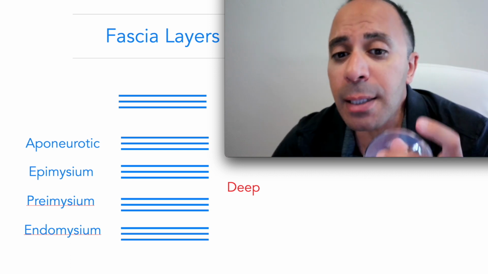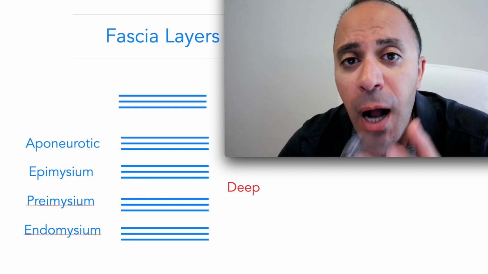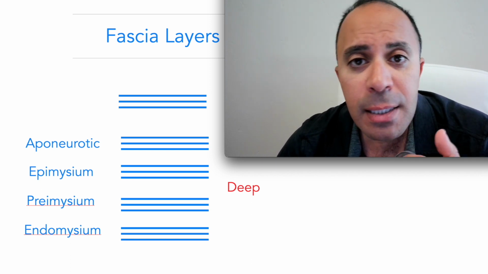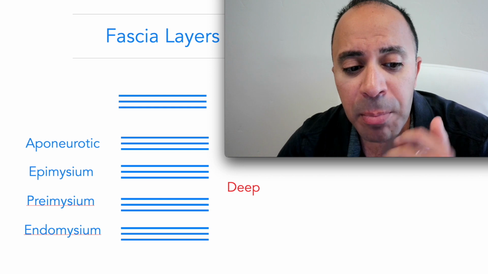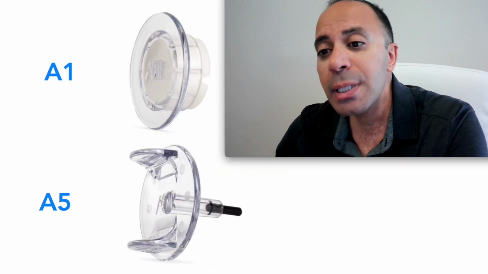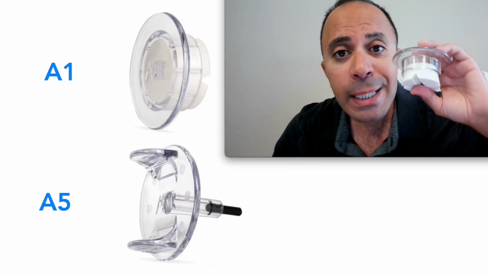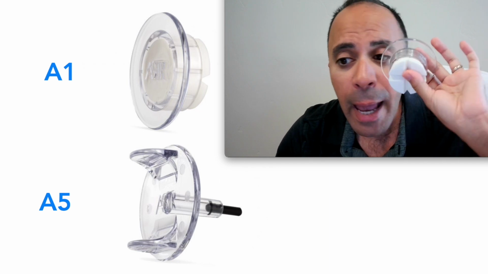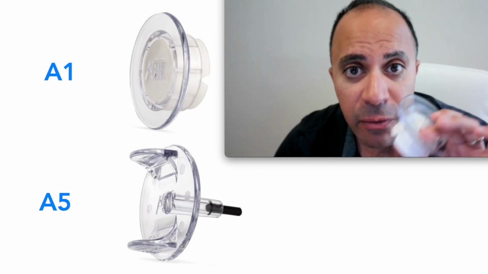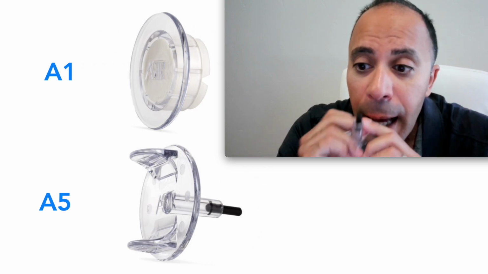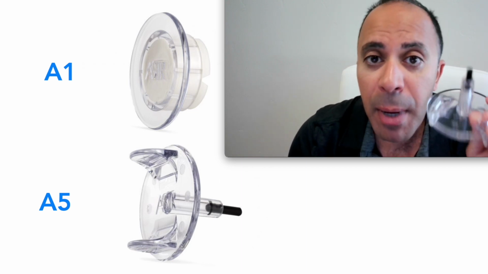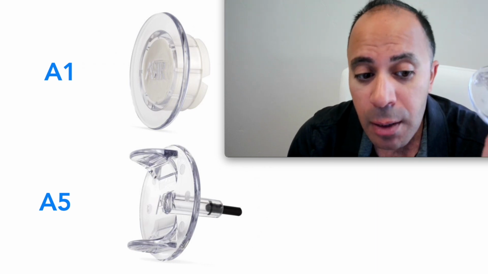And if you cannot exert mechanical force to release the fascia layers, it's not possible to release them. So what I personally do is I use the A1 to release the superficial fascia layer and release the aponeurotic fascia layer. Then I go deep to release the deep epimysium, perimysium, and endomysium layers.